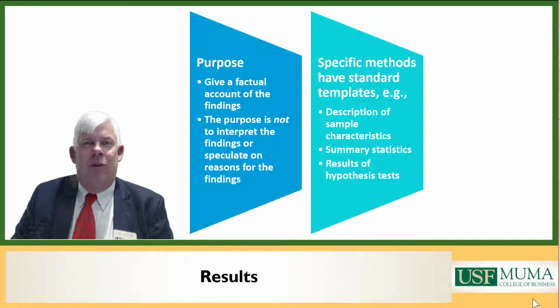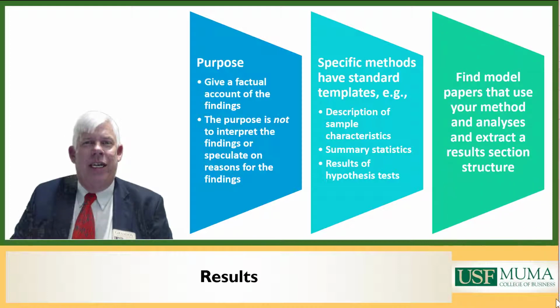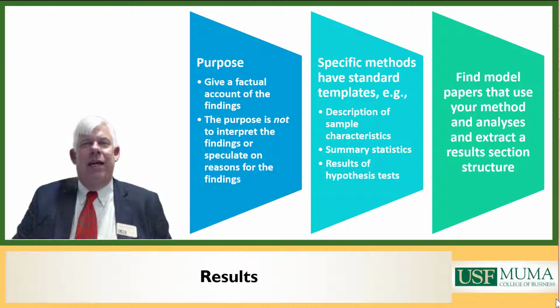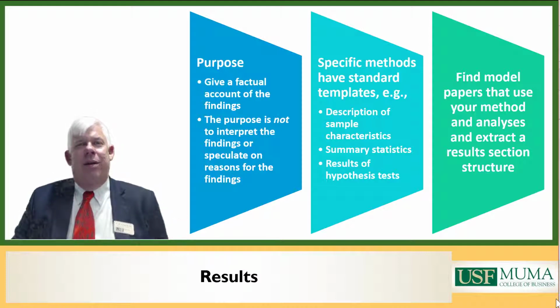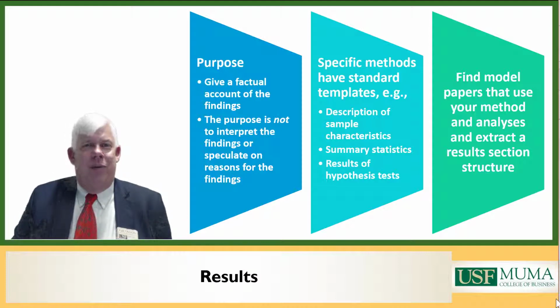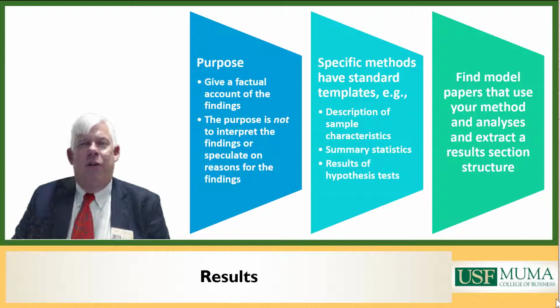And so you need to, just as we saw in the methods section, look at other papers and see how they did it. You know, what was the order in which they described the sample, described the procedure, described the tools used to collect data, and so forth. And you try to present results the same way the papers that you're using as models presented those results.